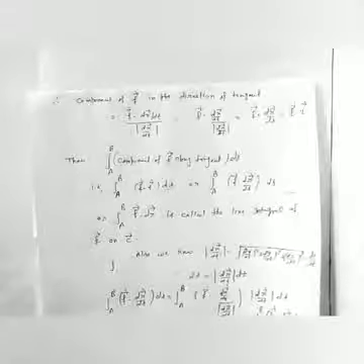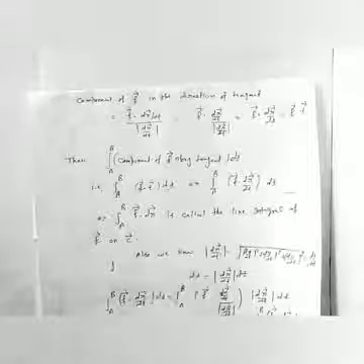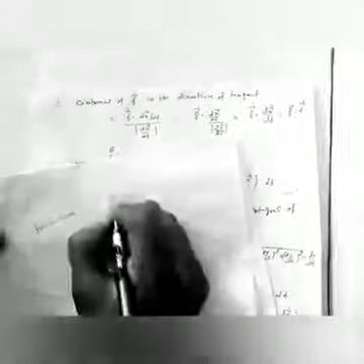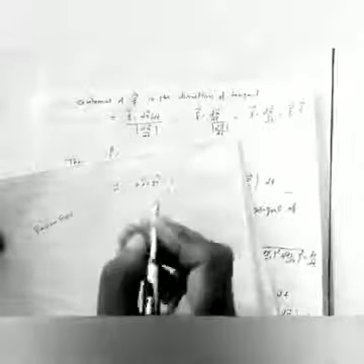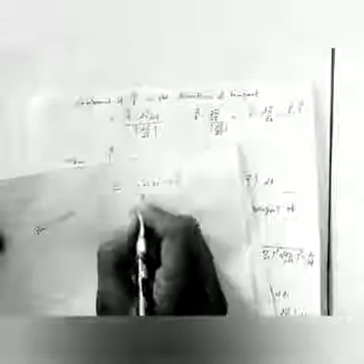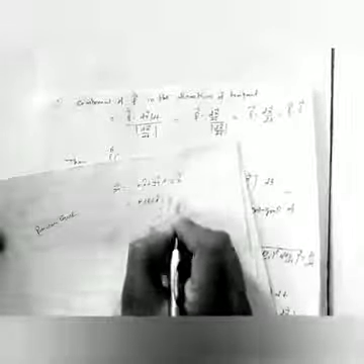And also we know that r vector is equal to xi plus yj plus zk, and in parametric form it is a function of t, that means x(t) i plus y(t) j cap plus z(t) k cap in parametric form. So that is also a function of t.